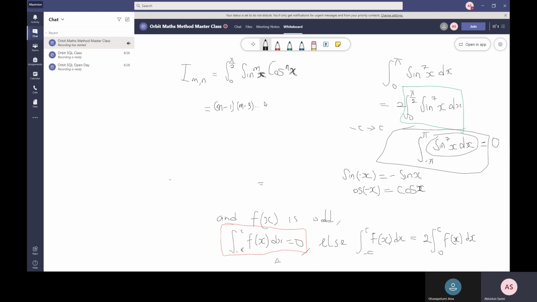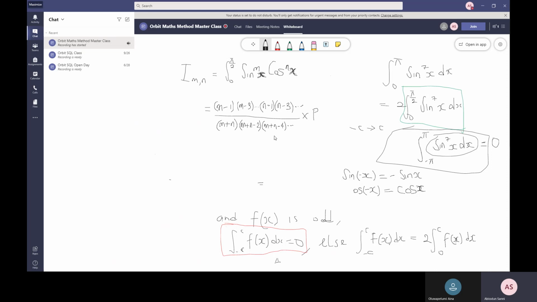Then you do the same for n minus 1 times n minus 3, then dot also, all over m plus n times m plus n minus 2 times m plus n minus 4, dot, times p rather.